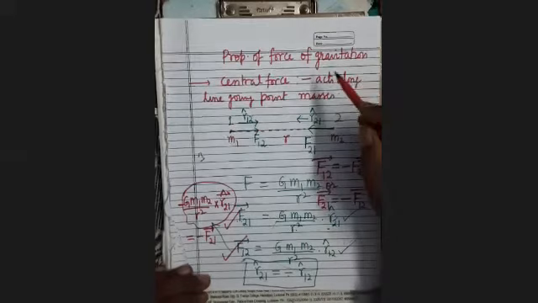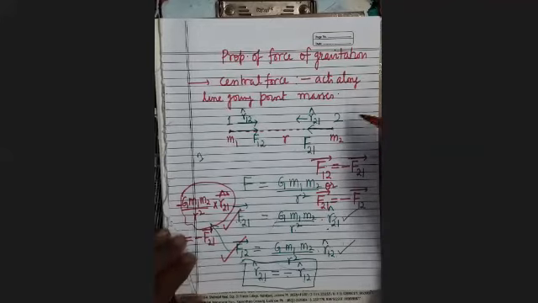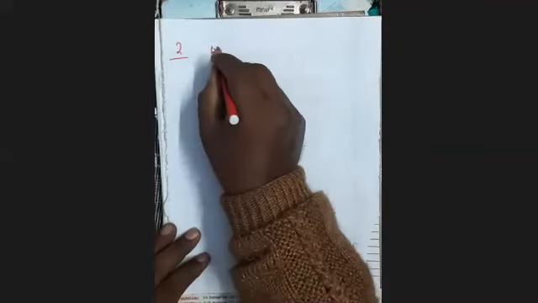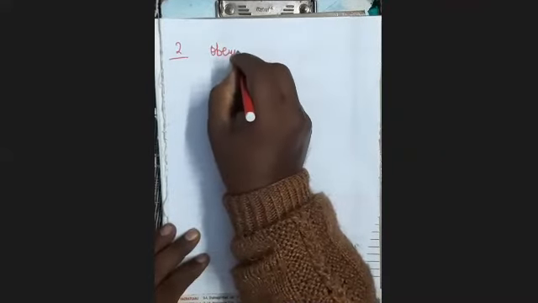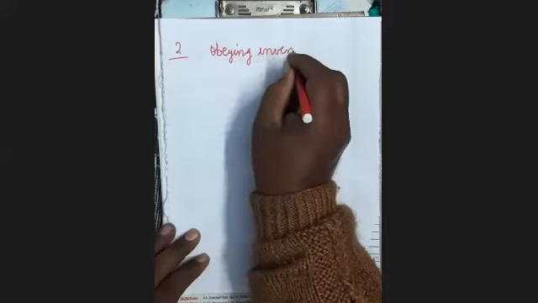So first property, it is a central force. Central force means it acts along the line joining the point masses. Number 2, it obeys the inverse square rule.